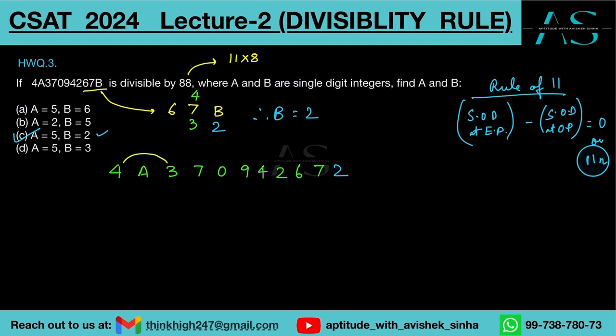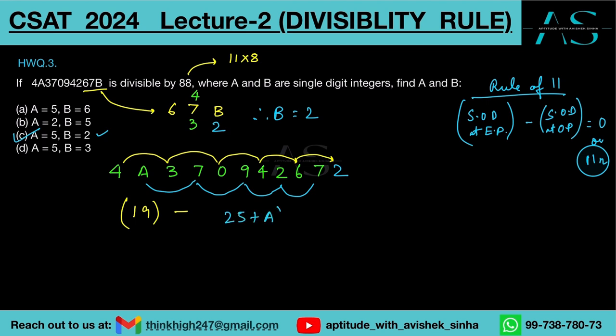So 4 plus 3, 7, 7 plus 0, plus 4, 11, 11 plus 6, 17, 17 plus 2, 19. Now next set, 7, 9, 16, 16 and 2, 18, 18 and 7 is 25, 25 plus A.